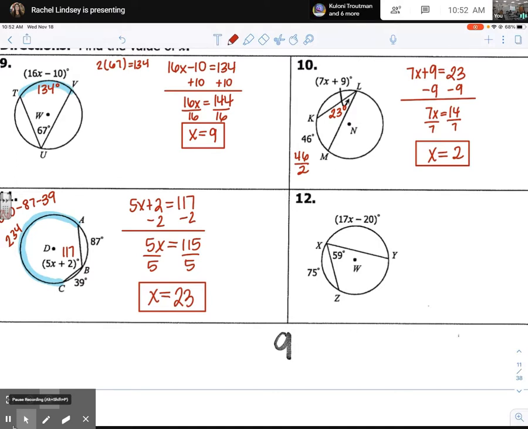Okay, so 2 times angle equals arc, so 2 times 59 gives you 118. Dude, here's the calculator. And then 118 and 75, we're gonna take those away from 360, so 360 minus 118 minus 75. 167.